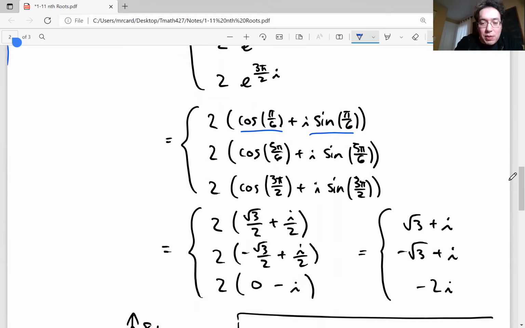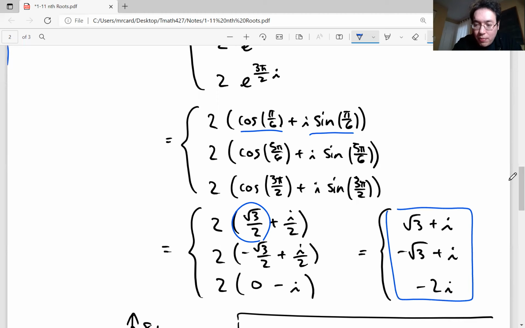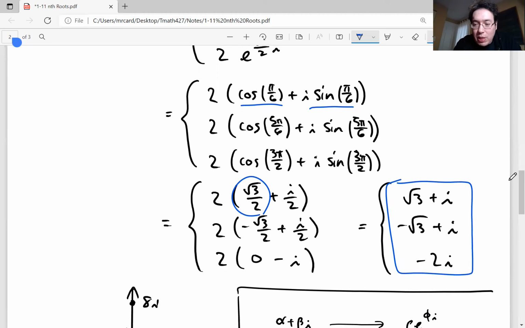So cosine of 30 degrees is root 3 over 2, and sine of pi over 6 is 1/2. So this is what we get. And this happens to simplify. And here's what we get for the three possible roots for 8i.